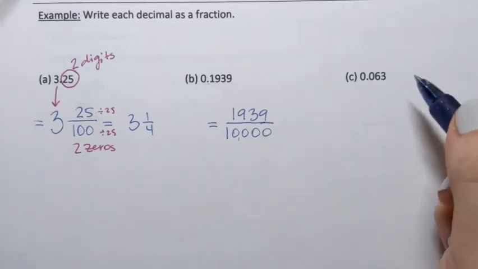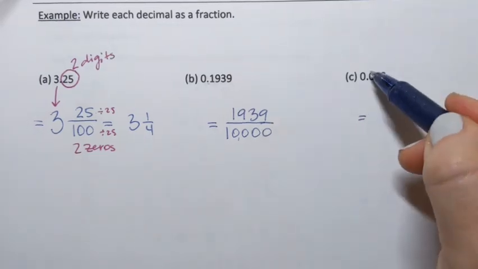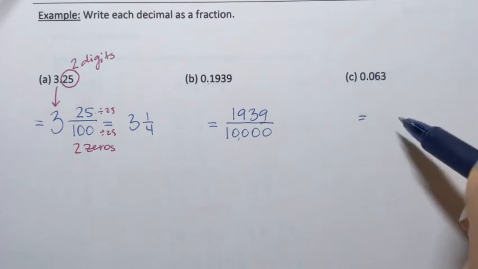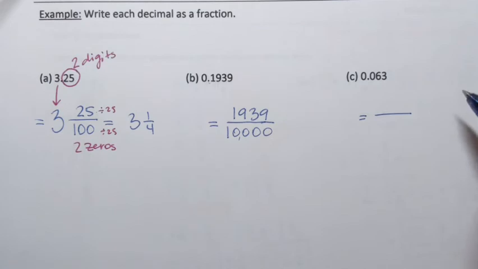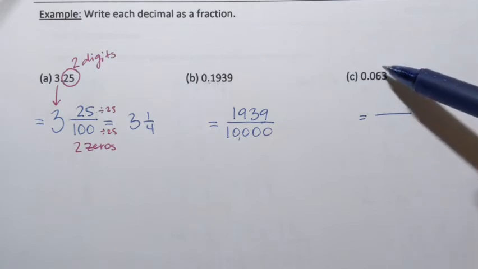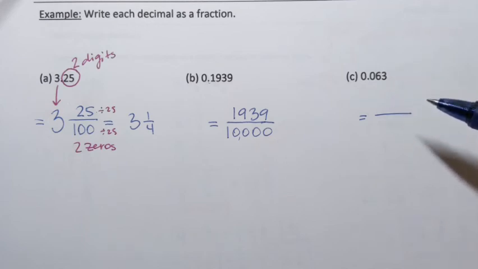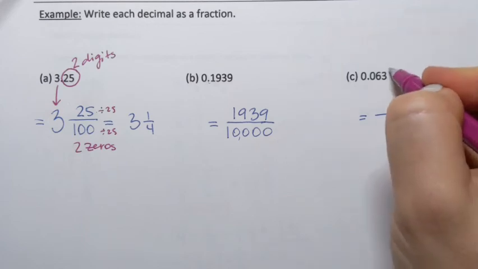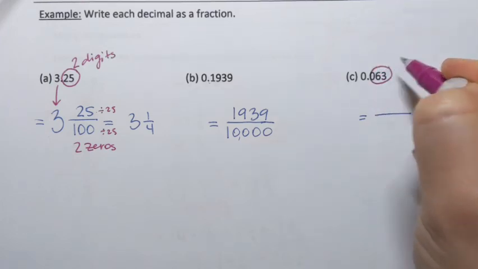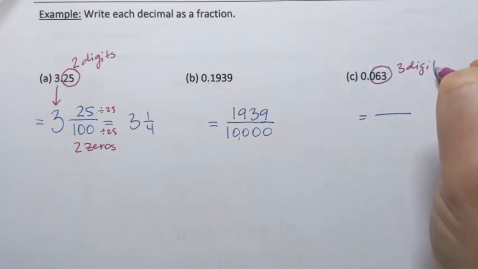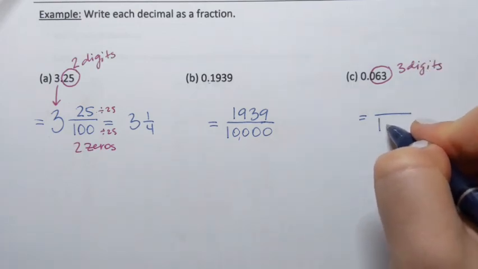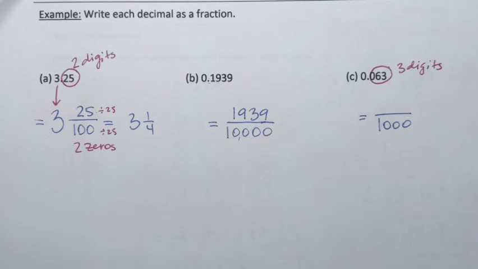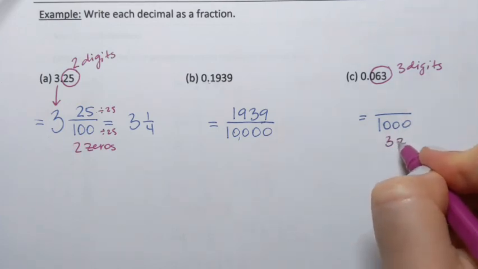And then last example. Again, no whole part, so it's just going to be a fraction. What will be in the denominator of this fraction? Let's count digits. After the decimal point, I have 1, 2, 3. 3 digits after the decimal point. That means that I'll have that many zeros in the denominator. So it's 1 and 1, 2, 3 zeros.